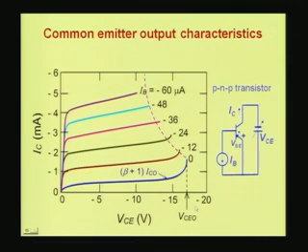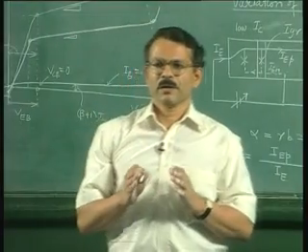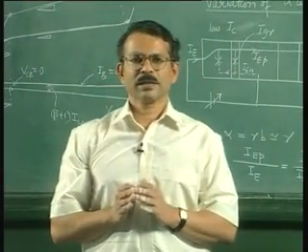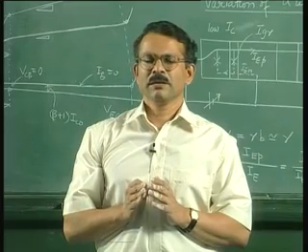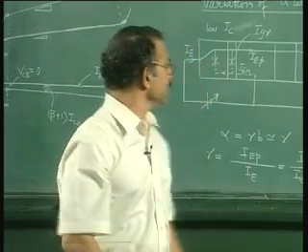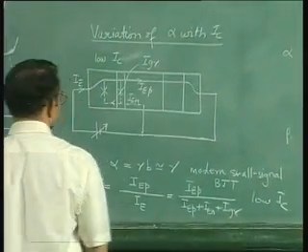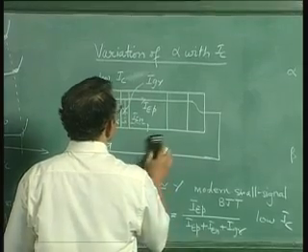Why is it called Vceo? This means collector to emitter breakdown with base open. So please note that IB is equal to 0 for that case, and 0 IB means the base is open, that is the transistor is connected like this.